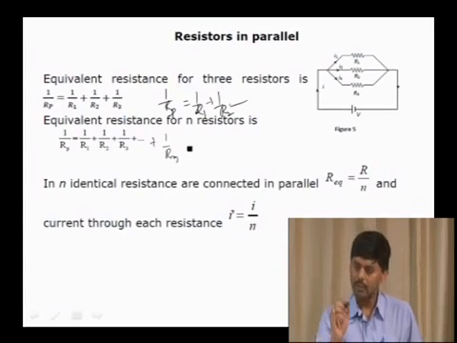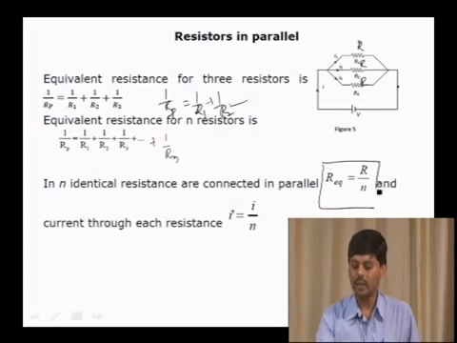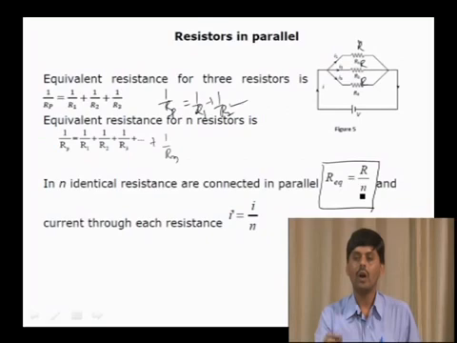If all the resistors are equal to R, with n number of resistors connected in parallel, then the effective resistance is equal to R by n. Suppose you consider 2 ohm resistors, 10 of them connected in parallel.